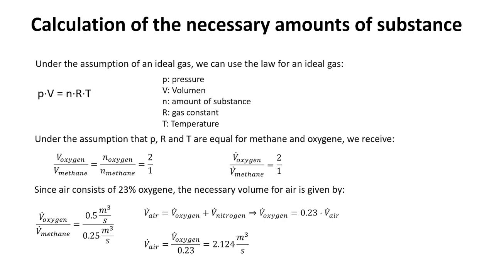Under the assumption that we have 23% oxygen, that means that the volume flow of oxygen is 0.23 times the flow of the air. And if we put this into the equation, we receive a volume flow of 2.124 cubic meters per second.